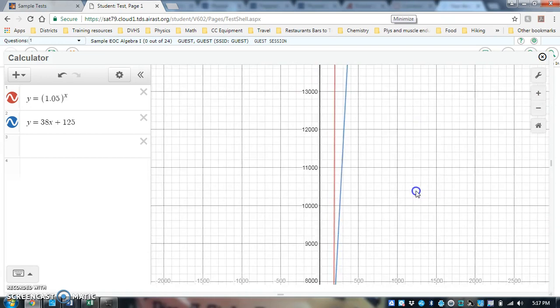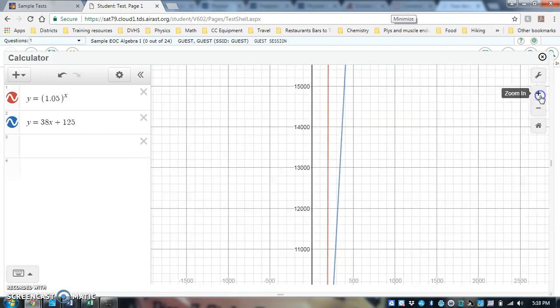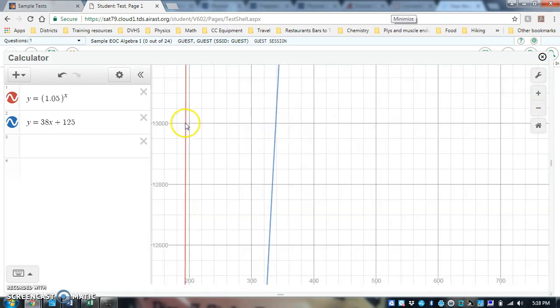If you're not sure why that is, let's just zoom in on one of these sections here. Here, the exponential function reaches about 13,000 at 194 for an input, and the linear function will reach 13,000 when you give it an input of 338.